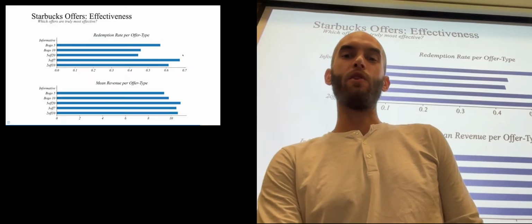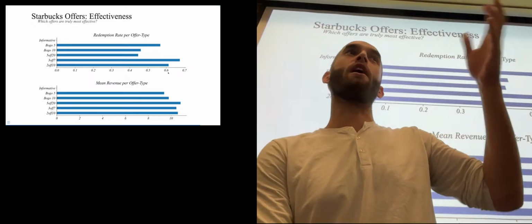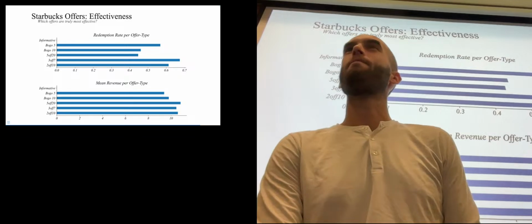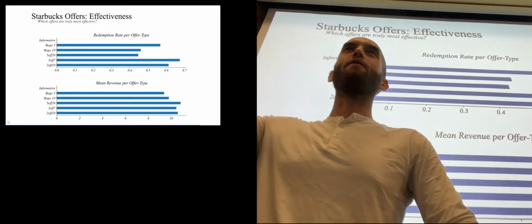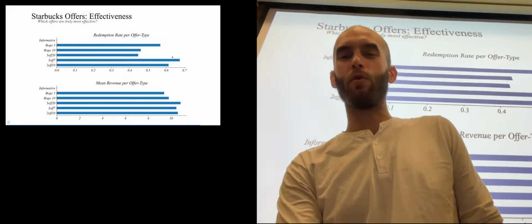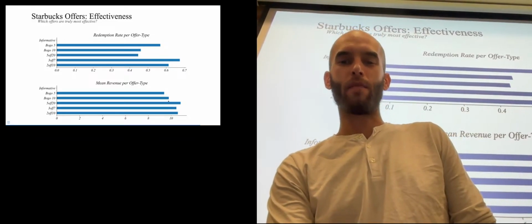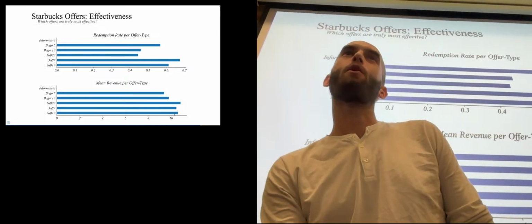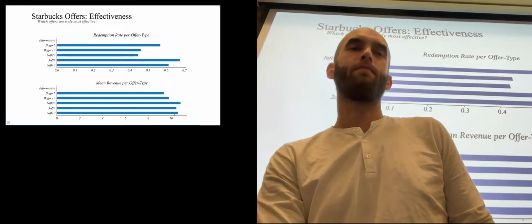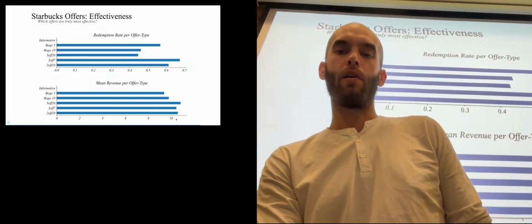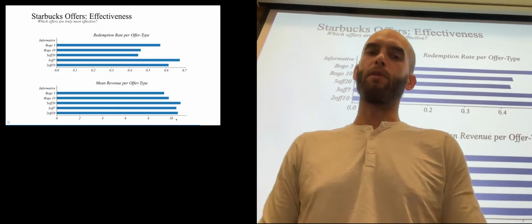You can understand this as your basic ECON 101 incentive idea: higher incentives lead to larger changes in behavior. But 2 off of 10 is still a pretty good redemption rate, and it's bringing in more per offer sent. So I would say this is also a really good change in behavior if you're thinking from Starbucks perspective.